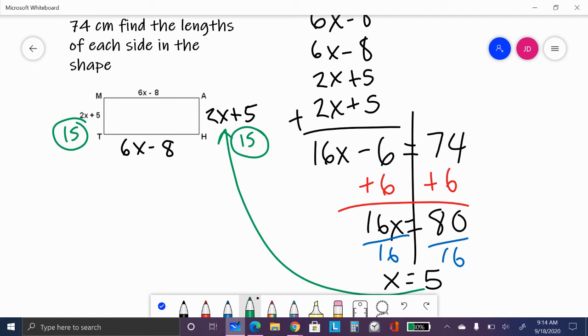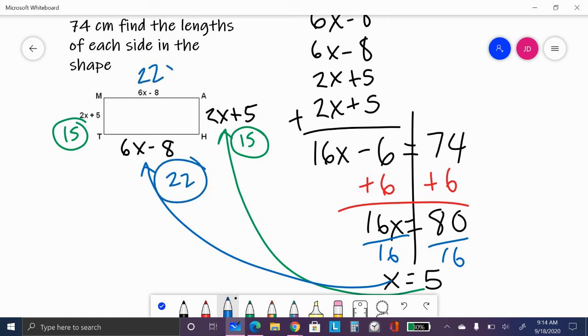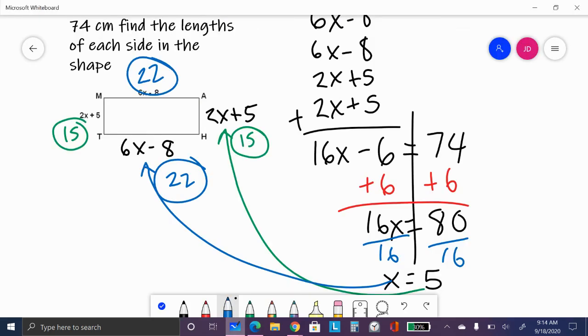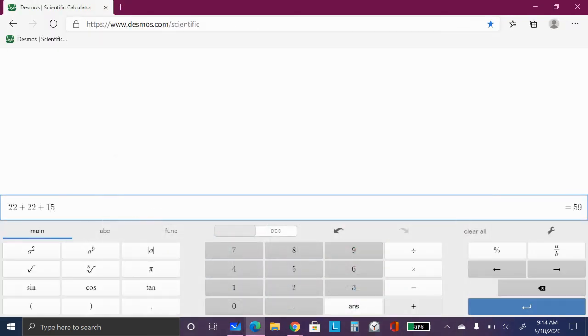All right, so when I plug it in here, you get 22. And you could double check 22 plus 22 plus 15 plus 15. Let's do that. 22 plus 22 plus 15 plus 15 is 74.